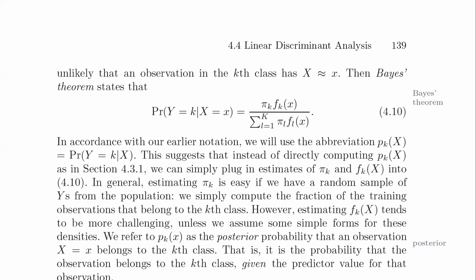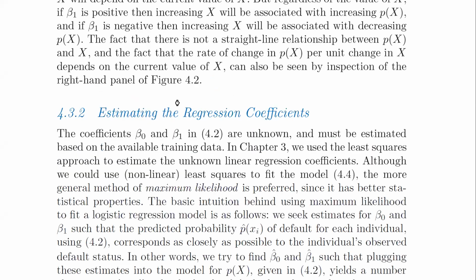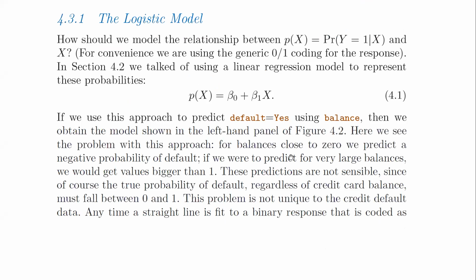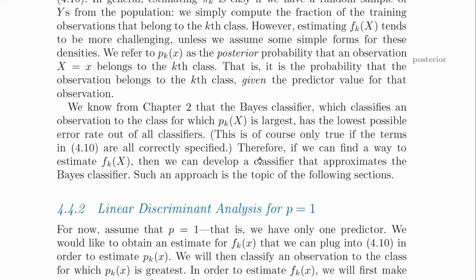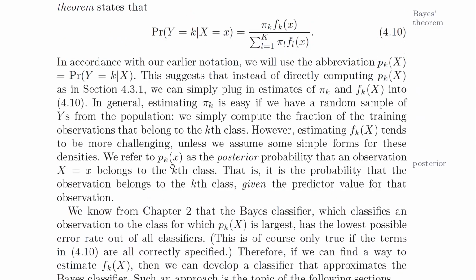This suggests that instead of directly computing the probability that y is k given x, as in section 4.3.1, so this is the logistic model, we can simply plug in estimates of pi k and f k of x into 4.10.